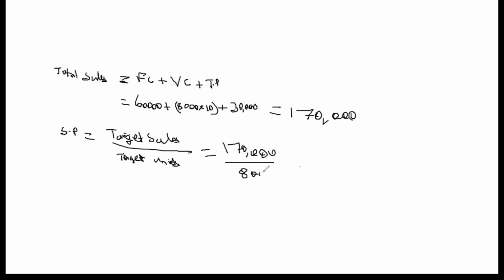And this gives us 21.25. Yes. So this is our selling price per unit. So we should sell our products at 21.25 to achieve our target of $30,000 in terms of profit.